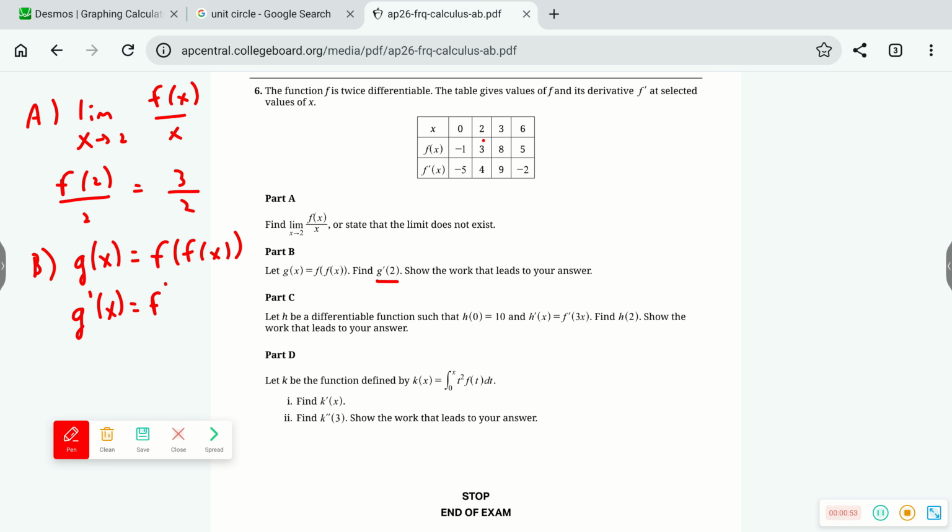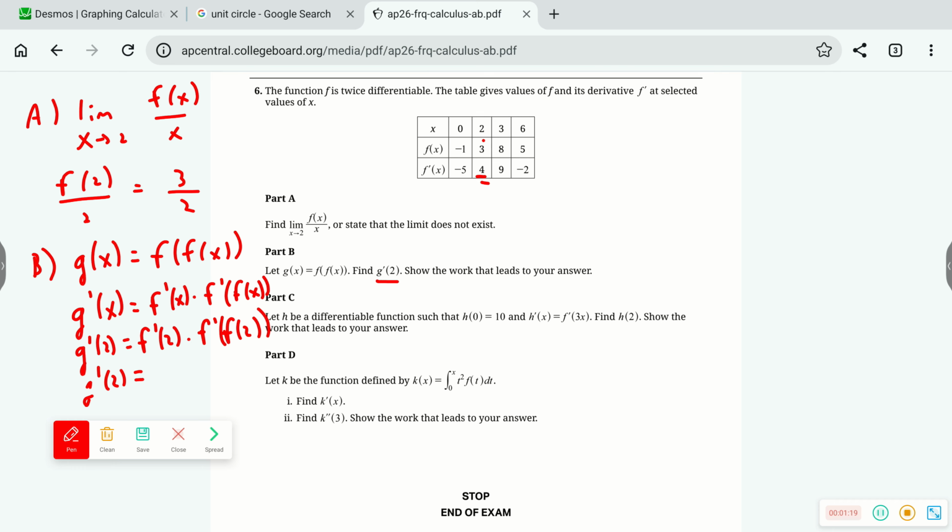So the derivative of the inside is f prime, and the derivative of the outside with respect to the inside would be this. So g prime of 2 is f prime of 2 times f prime of f of 2. Make sure you know chain rule from function notation. f prime of 2 is straight from the table.